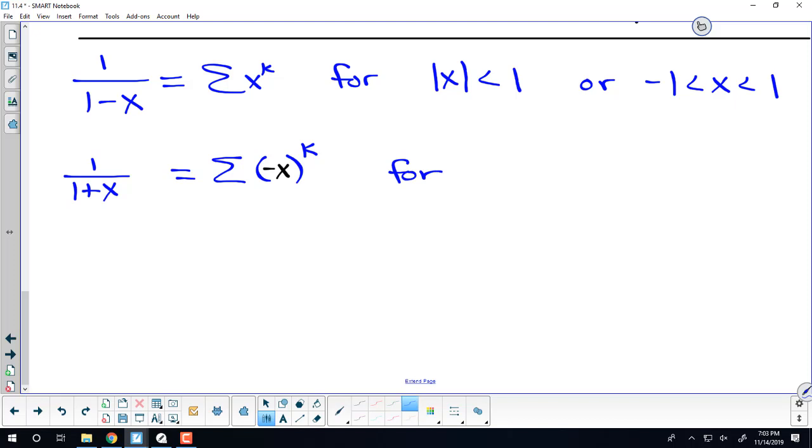Same values, right? Because we're just replacing this x with our negative x. So we just get the reverse of that, but it's the same statement. It's still x between 1 and negative 1.